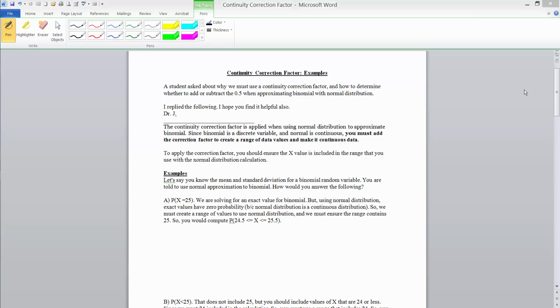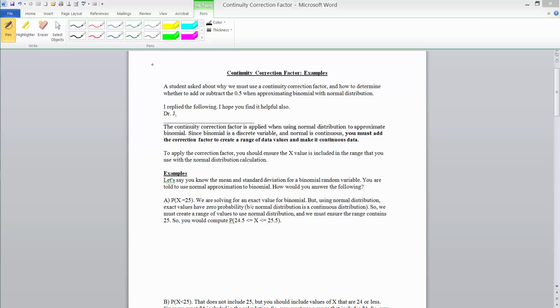But if you're using tables, or if you're in a situation where you do not have access to Excel, and the binomial table is not long enough to have all the possibilities for the random variable that you're working with, then you can use this approximation and it's very easy.